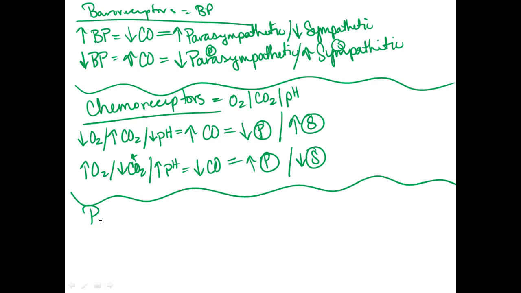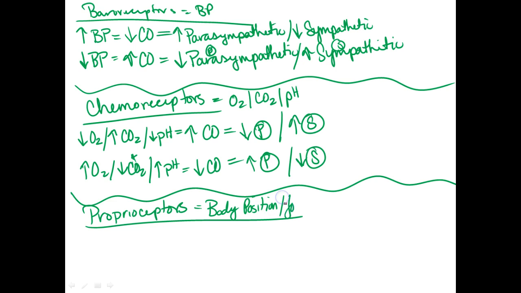Finally, we have our proprioceptors. As you recall from A&P 1, proprioceptors monitor body position and joint movement. So how do these come into play?